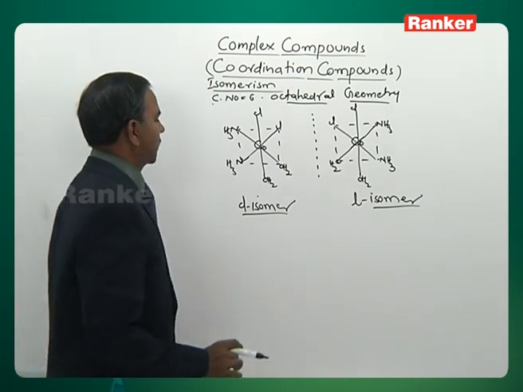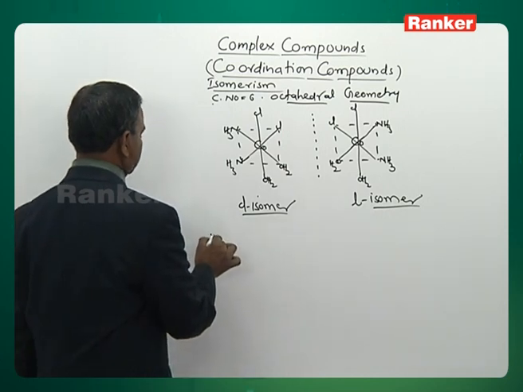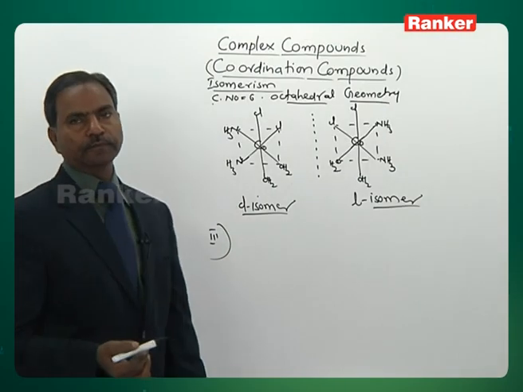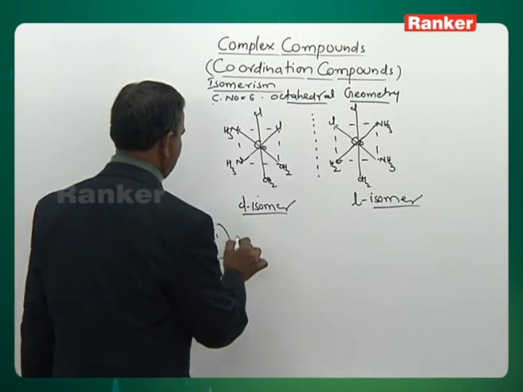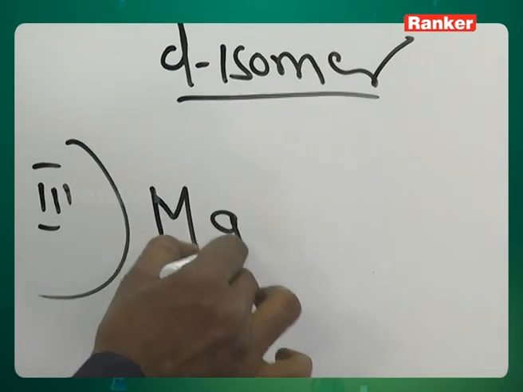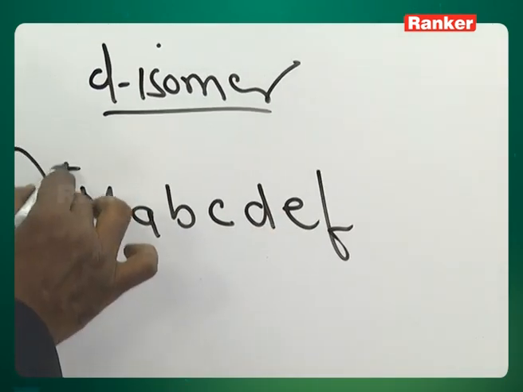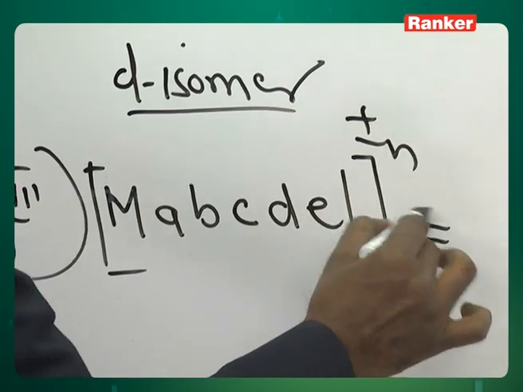Next model, the third one, you see. M, A, B, C, D, E, F. All the 6 ligands are different. M, A, B, C, D, E, F, plus or minus n.